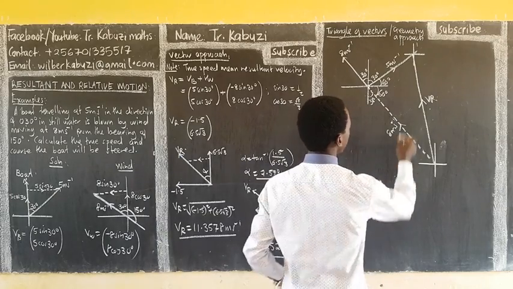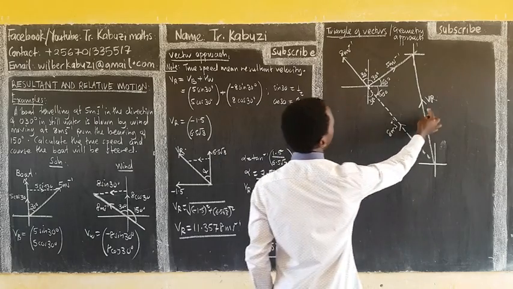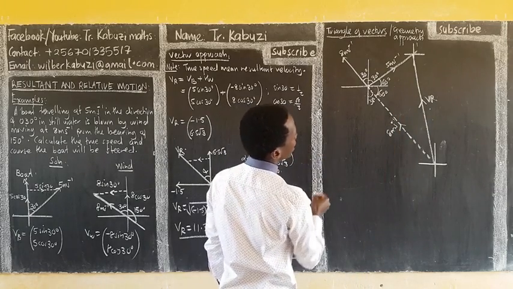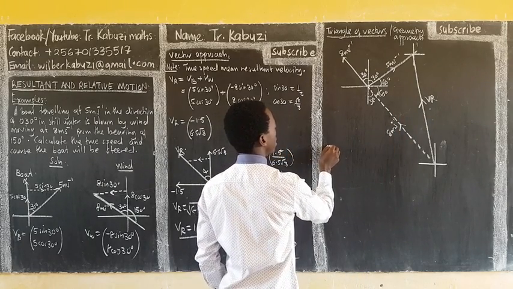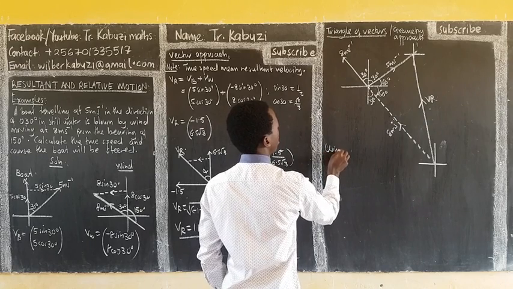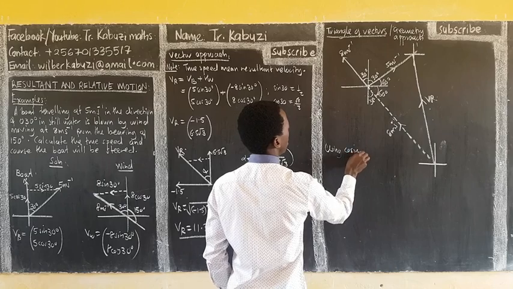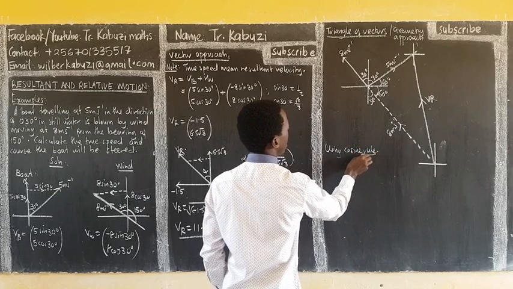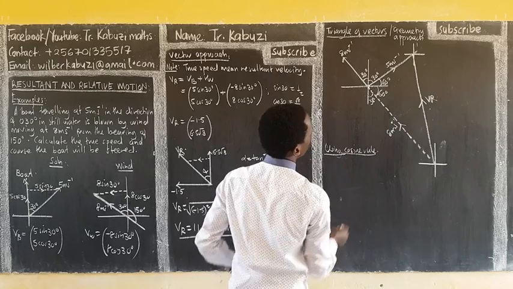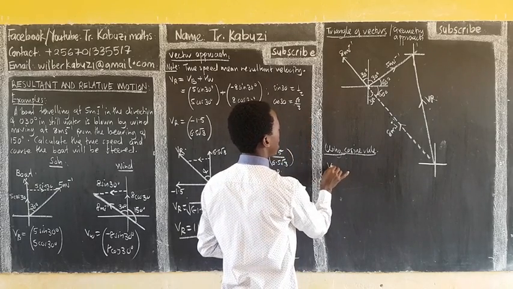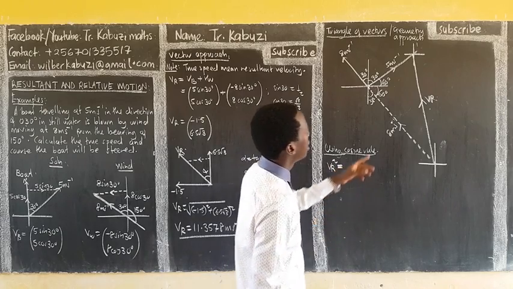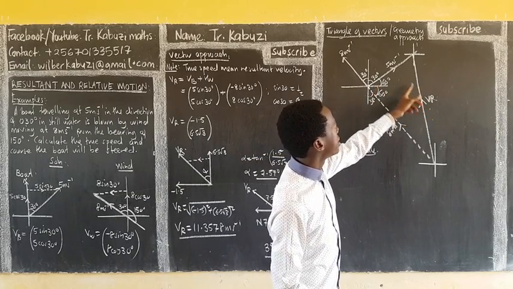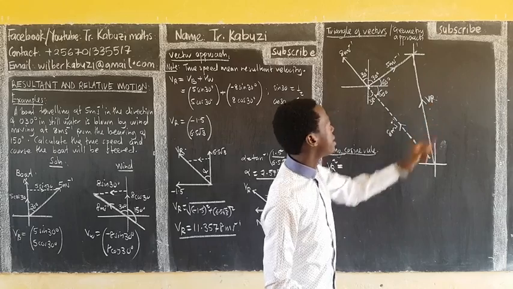So now, from there, I can use cosine. So using the cosine rule, from there we shall get our VR squared. Why am I using cosine? Because I have the angle opposite. I have these two sides, I'm missing this one.